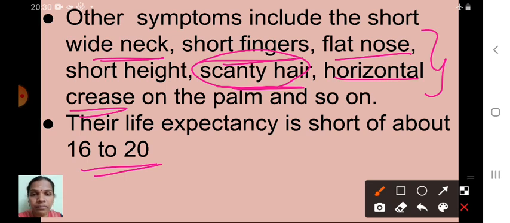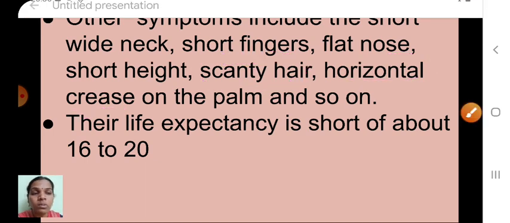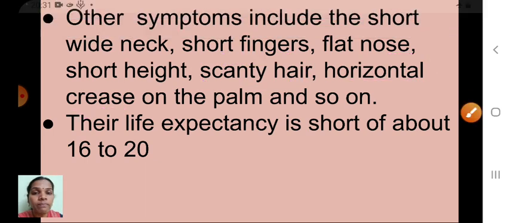How does it happen? Down syndrome people, instead of 46 chromosomes, have 47 chromosomes. Where is that one extra chromosome? Yes, along with the 21st pair. So that is trisomy of the 21st pair of chromosomes.